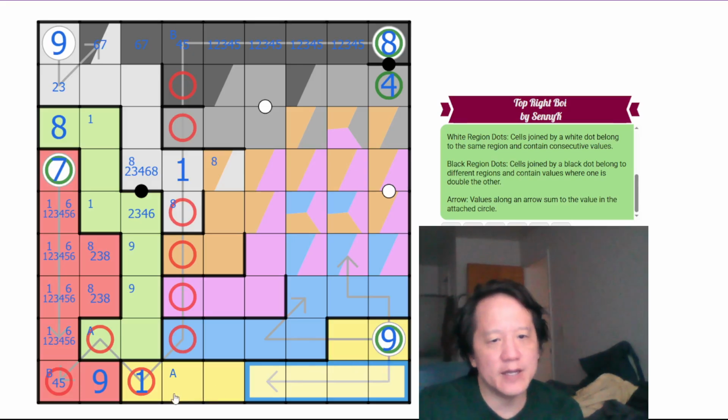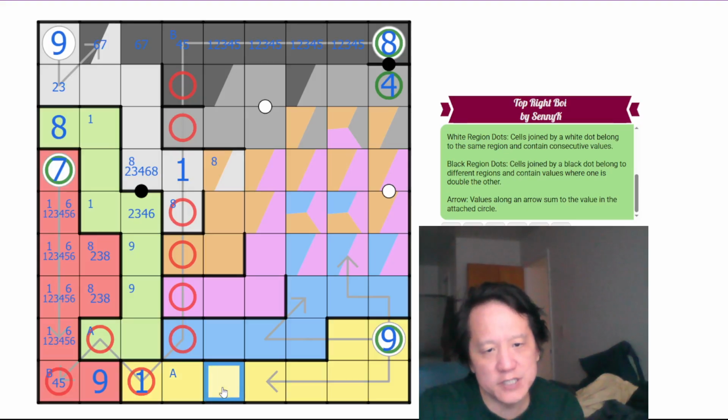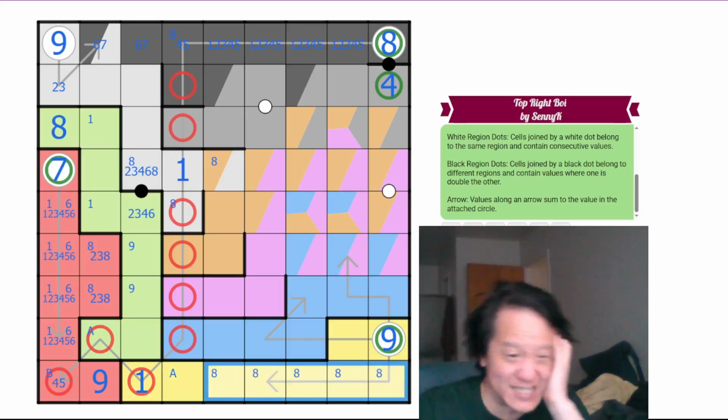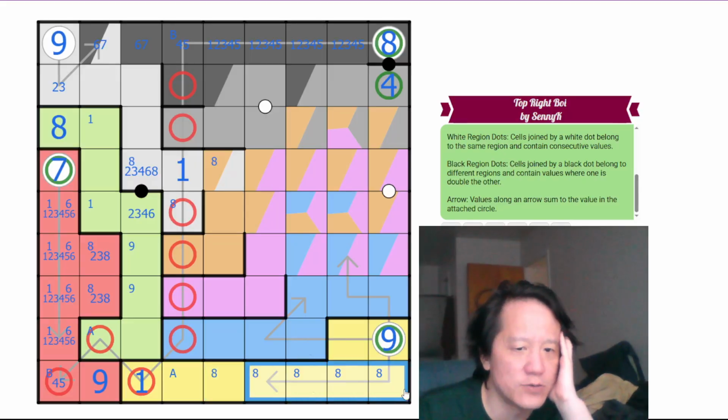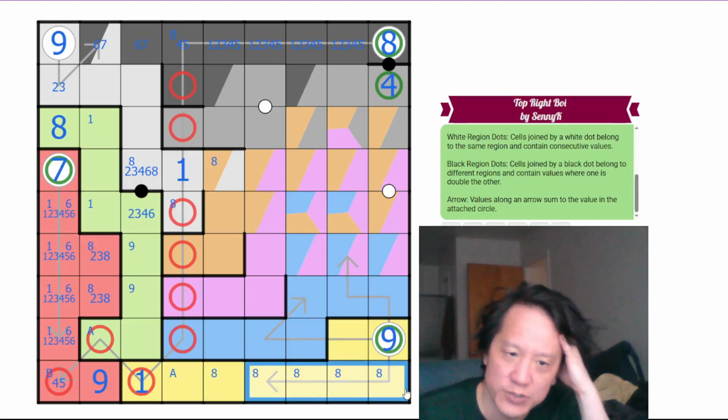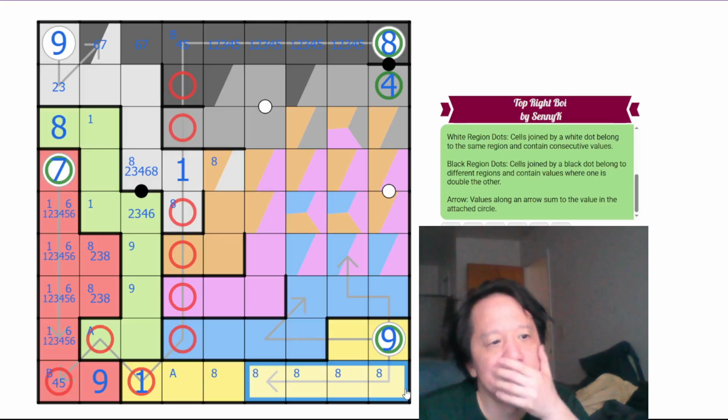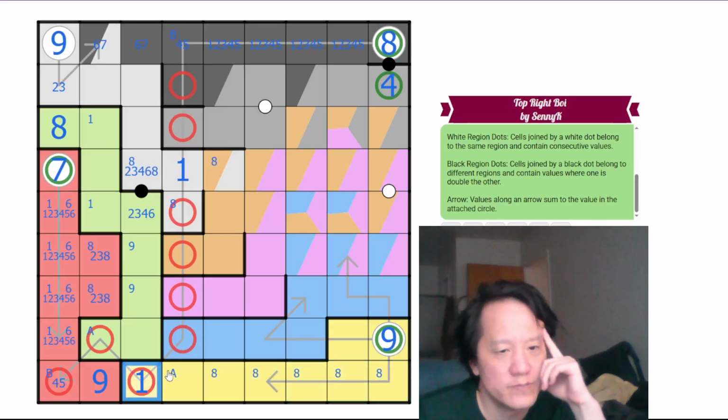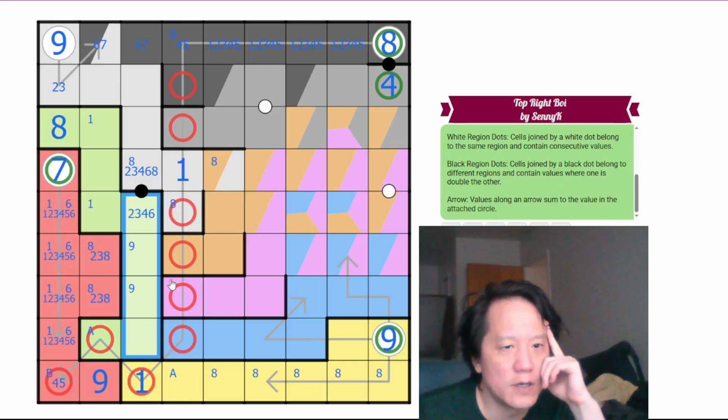A cannot be 8 here. So we have a guaranteed 8 in one of these 5 cells. So either this is 8 or this is just like 2, 3, 5, 8 or something along those lines. That's interesting. 1 is here. So 1 has to be one of those two.